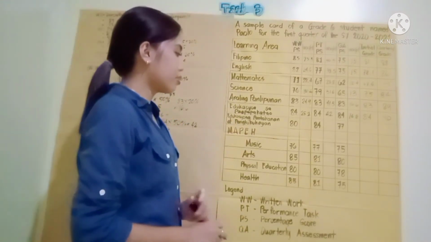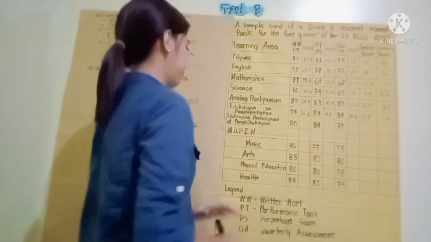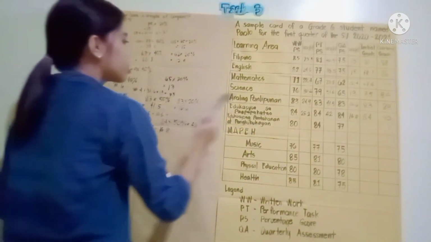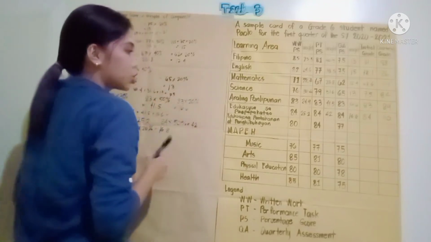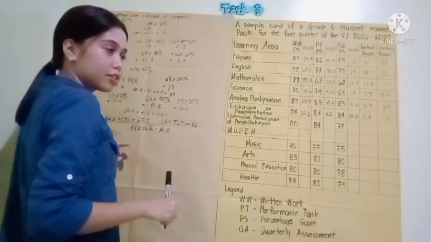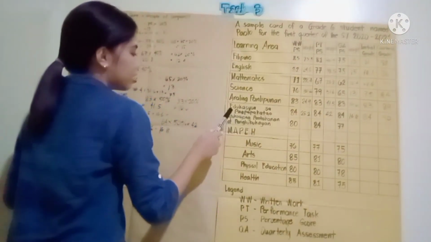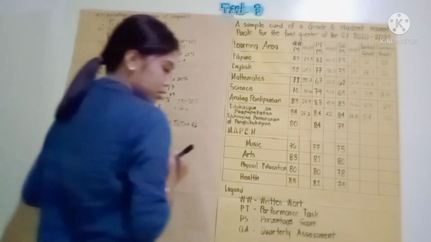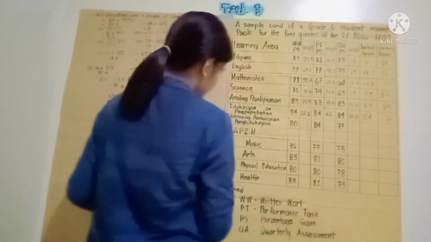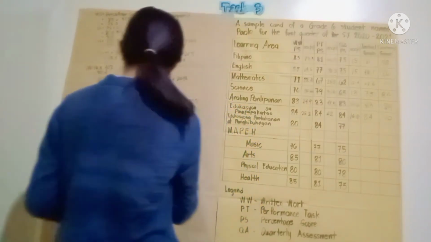Next is getting the grades in Edukasyon Pantahanan at Pangkabuhayan. To get the weighted score for the written works, 20% is the weight of component in the written works of EPP. So 80 times 20% equals 16.